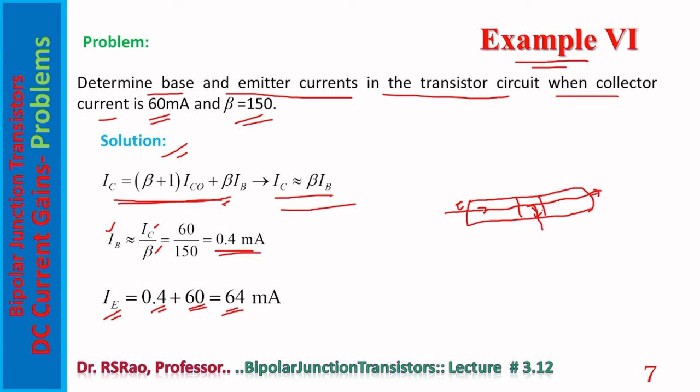Of course, this is true when we neglect the reverse saturation current that exists across the collector junction, and also the small amount of minority carrier current in the emitter. These two are very small. Intentionally, they are maintained at very small values, so they can be neglected. Hence, IE is IC plus IB.